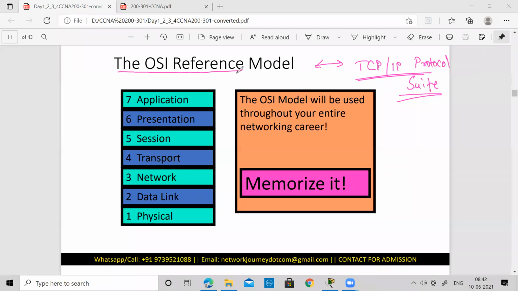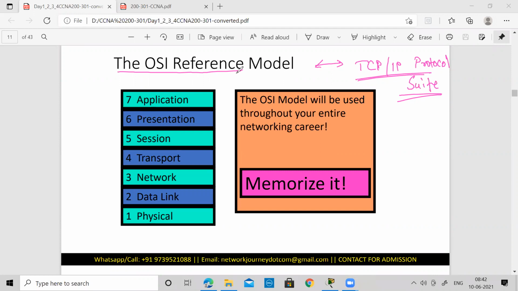When this layered architecture came, it was very comfortable for an administrator, a network engineer, for everyone to know where their role is, and which functionalities they should focus on, based on the responsibilities or roles carried out by these layers.